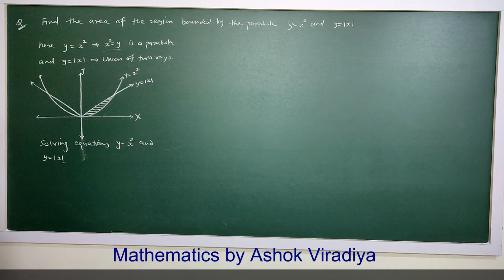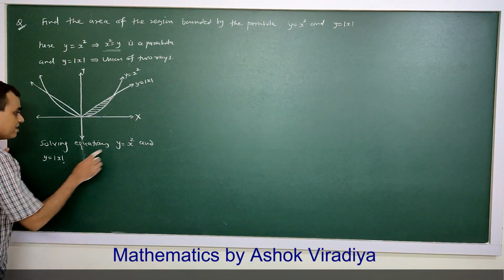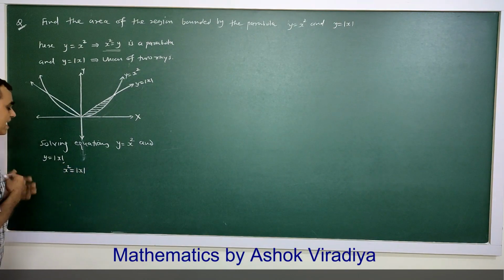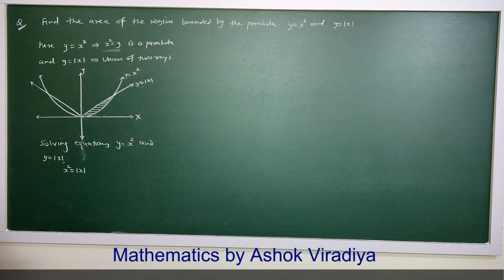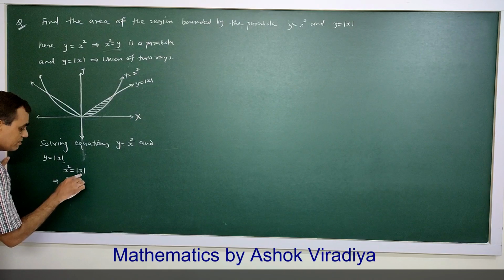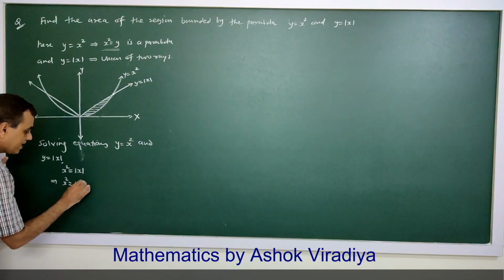Comparing both, we get x square equal to modulus x. If I remove this modulus, then it is plus minus x.